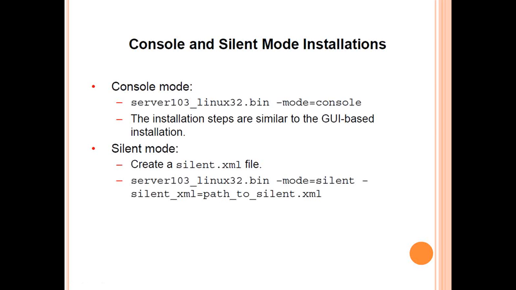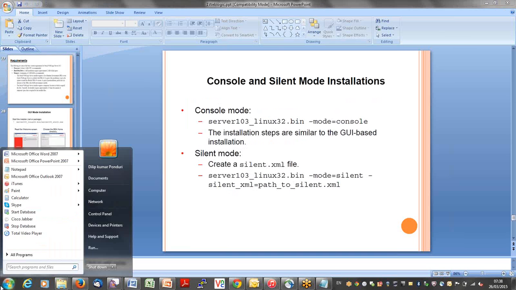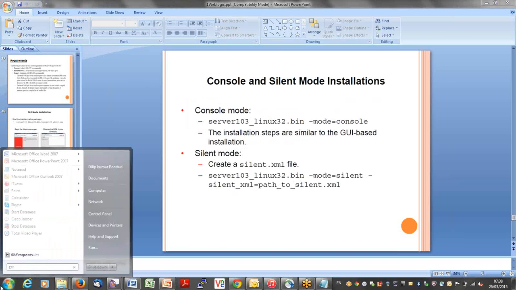In your putty session, can you see any colored graphical pop-ups? You can't see anything, right? It's just commands you execute and you get the response back again in the console format.